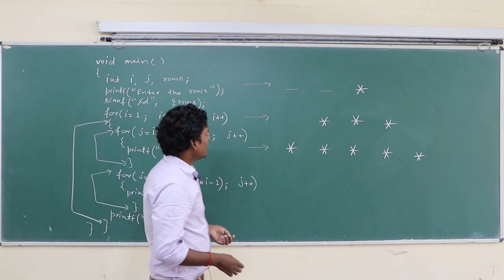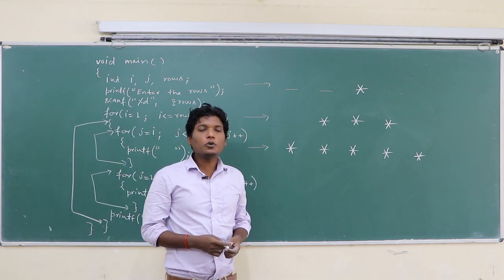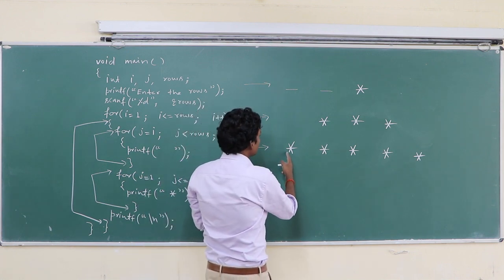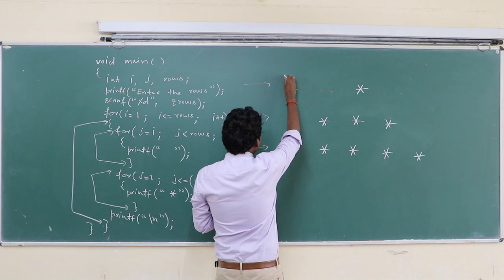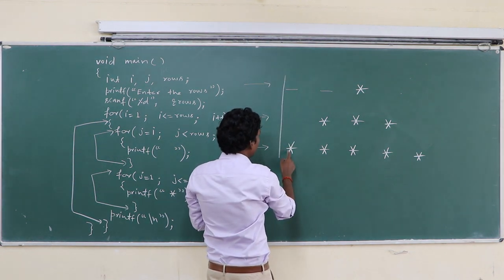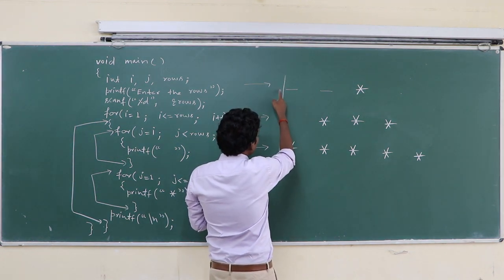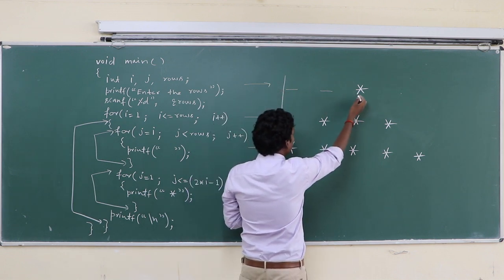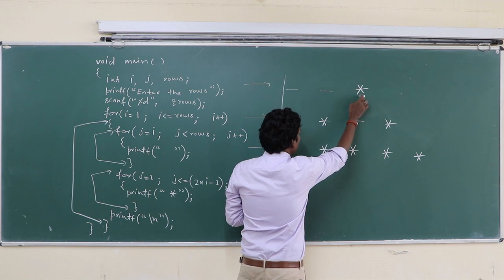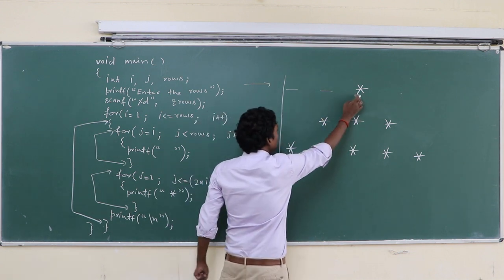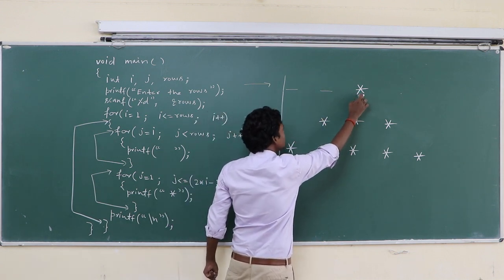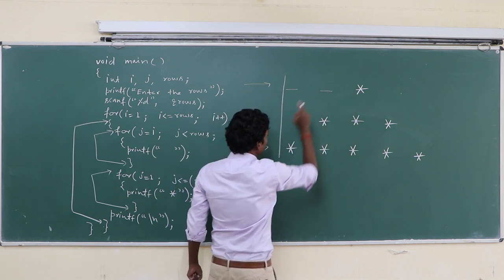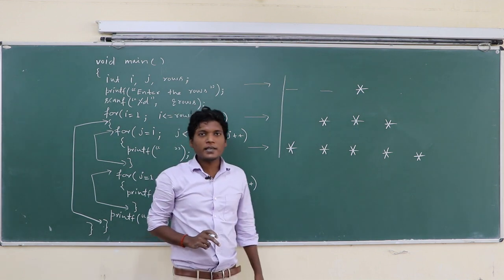And one more thing, why is there a need to print the blank space? Class, this one is the leftmost side. Okay, class, so control starts from here. Control cannot go directly to print this star. So to reach this point and print this star, first we have to print 2 blank spaces. Why do we print blank space?